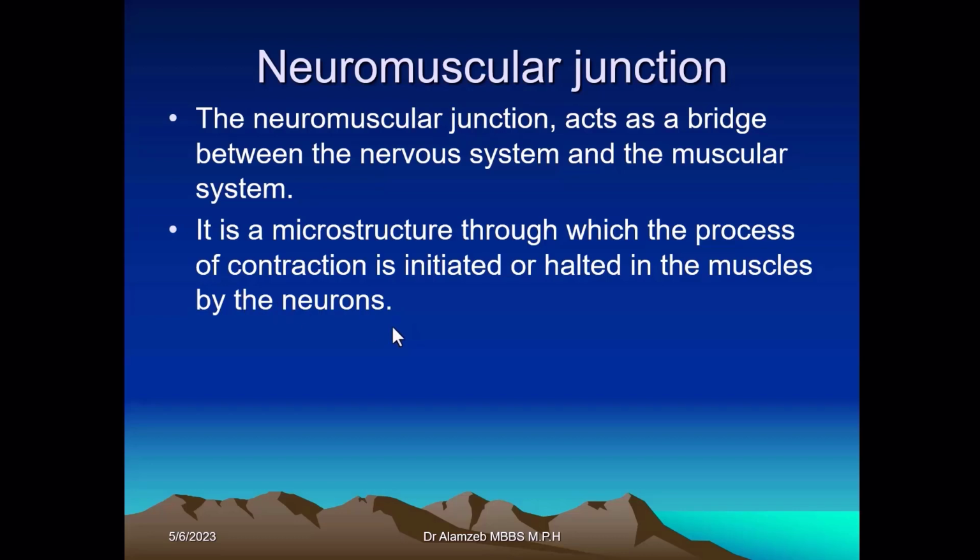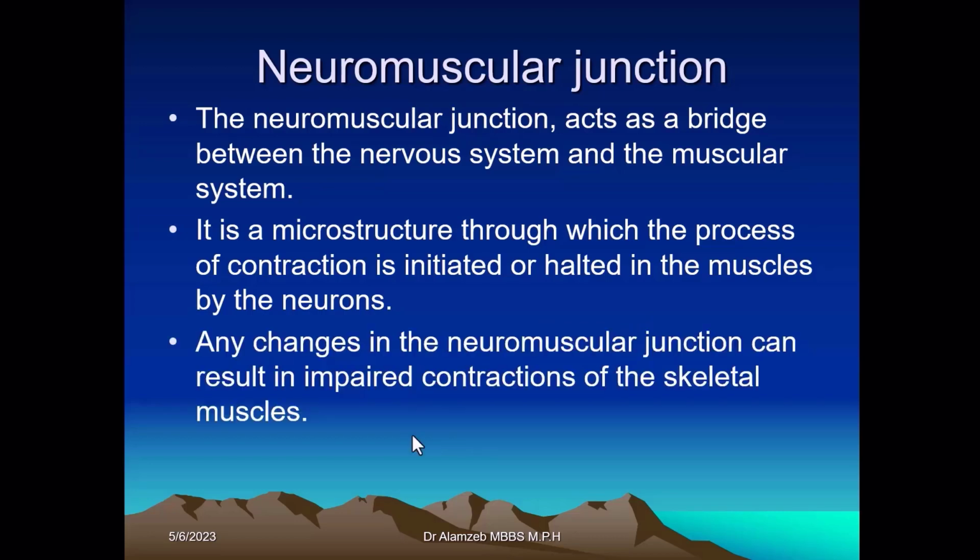It is a microstructure through which the process of contraction is initiated or halted in the muscle by the neuron. At this point, either the muscle is stimulated or inhibited. Inhibition and stimulation are carried out by the neuron.